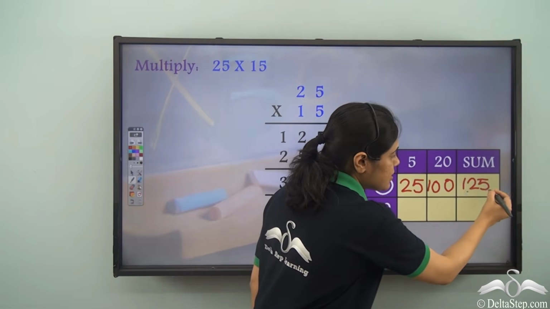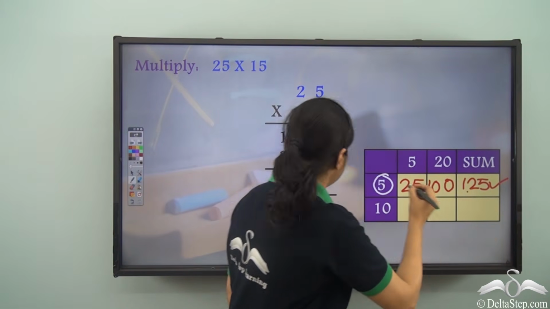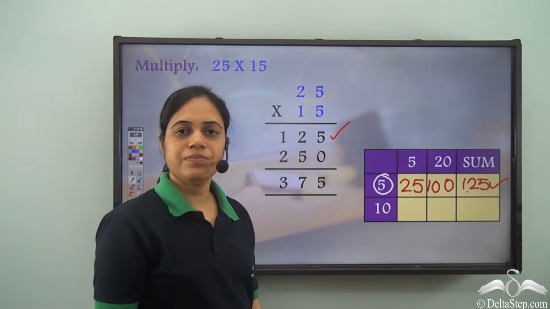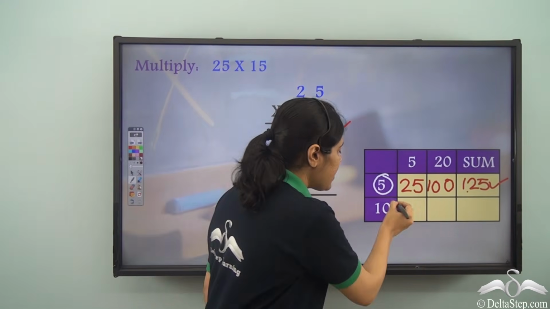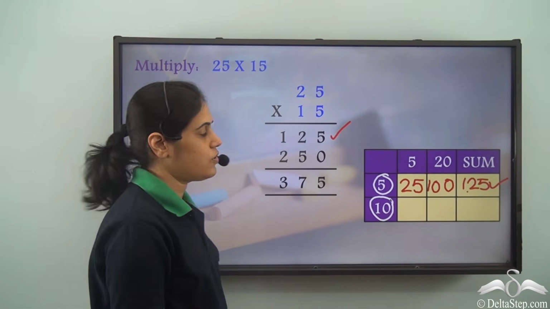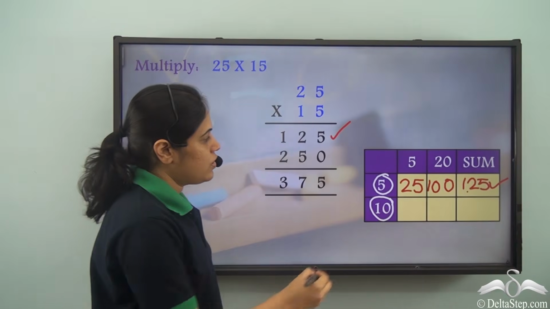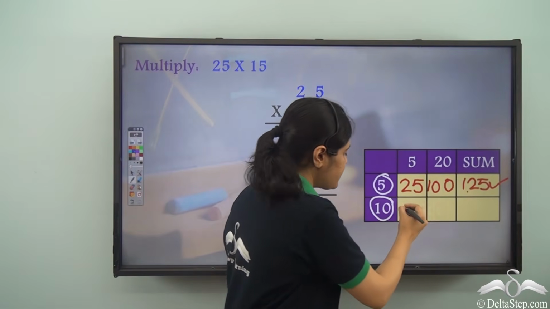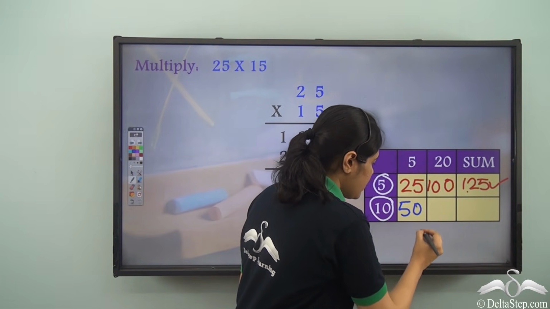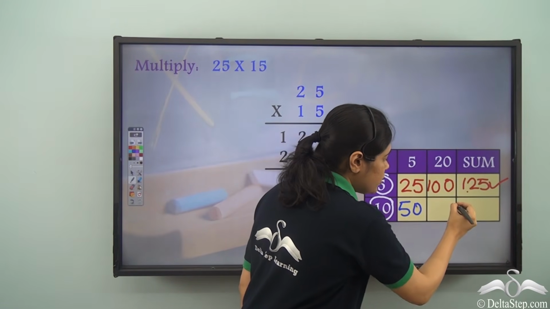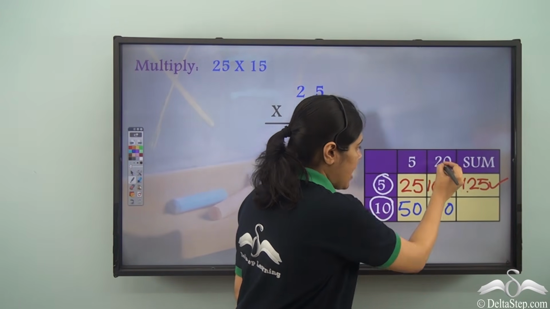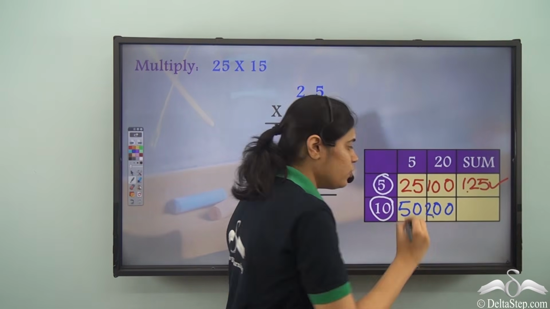Now this is the same as this. Also, what happens if I multiply by 10 now? 10 into 5 is 50. And what is 10 into 20? There are two zeros, and 2 into 1 gives me 2.